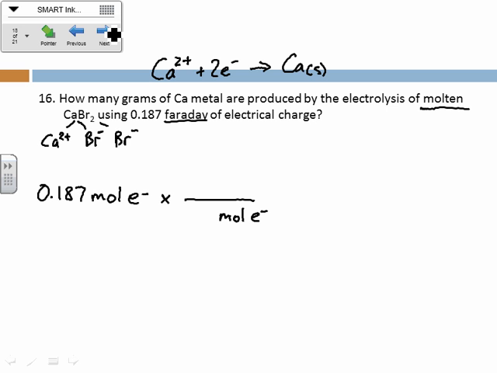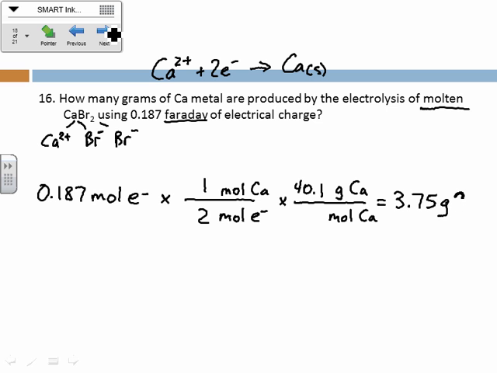We go from moles of electrons to moles of calcium. For every 1 mole of calcium, there are 2 moles of electrons. And then we can go straight from moles of calcium to grams of calcium, and it's approximately 40.1. 0.187 divided by 2 times 40.1. So 3.75 grams of calcium.